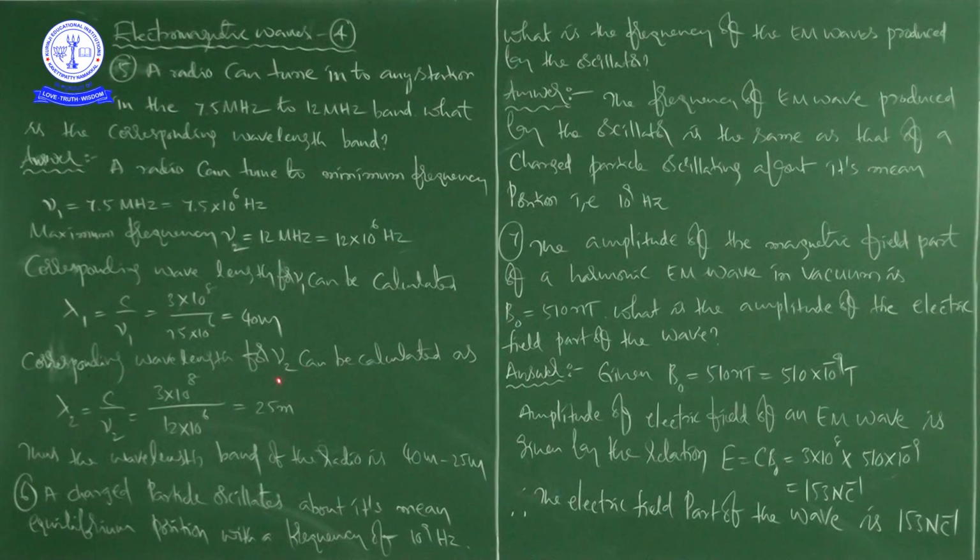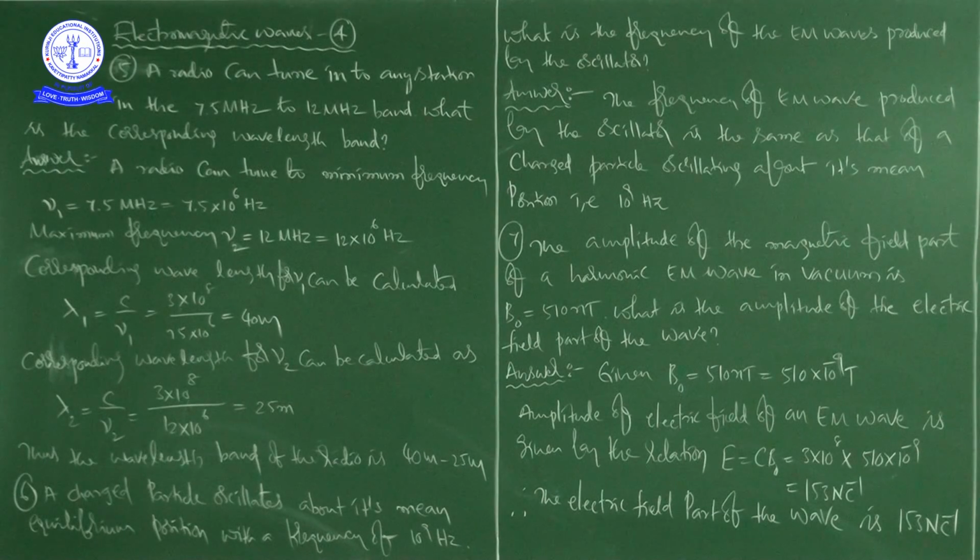Corresponding wavelength for nu 2 can be calculated as lambda 2 is equal to C by nu 2, that is equal to 3 into 10 power 8 divided by 12 into 10 power 6. So here 3 into 1 and 3 into 4, and here 100 will come in the numerator.